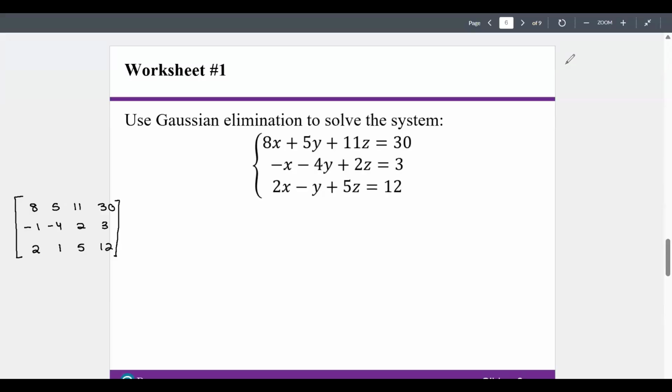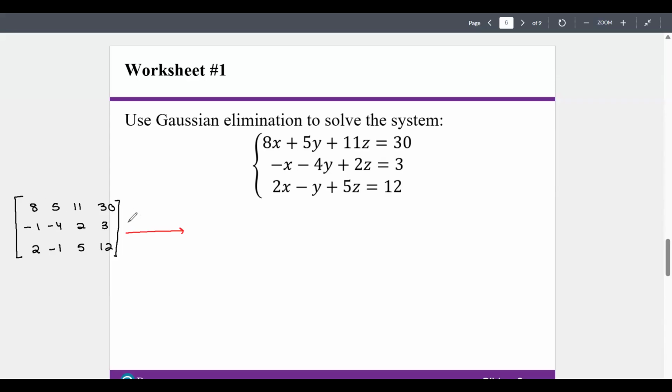Okay. So the matrix for your number one here is going to be 8, 5, 11, 30, then -1, -4, 2, 3, and then 2, -1, 5, 12. So to save time here, I'm going to switch.